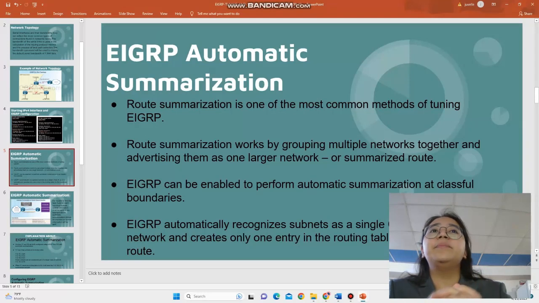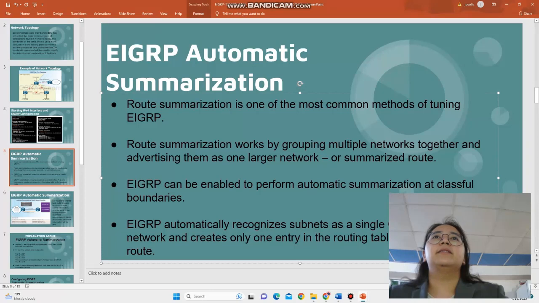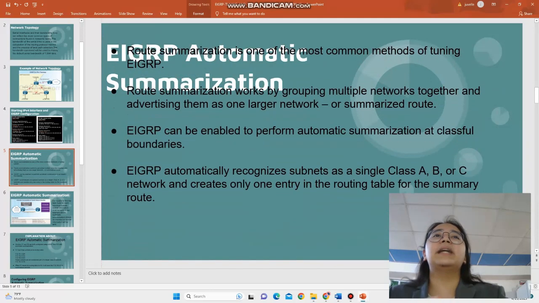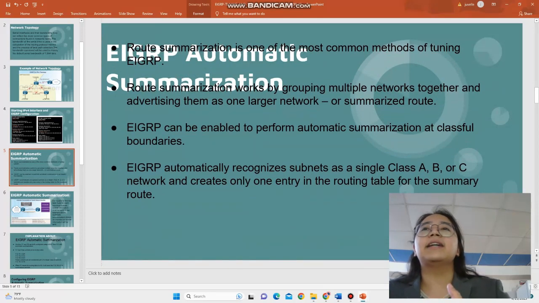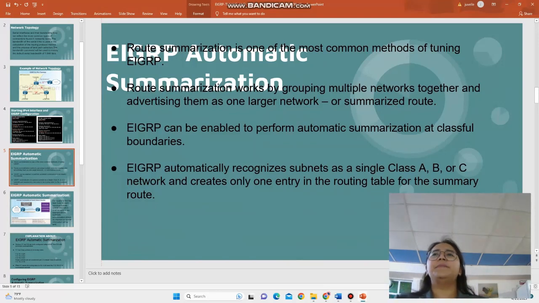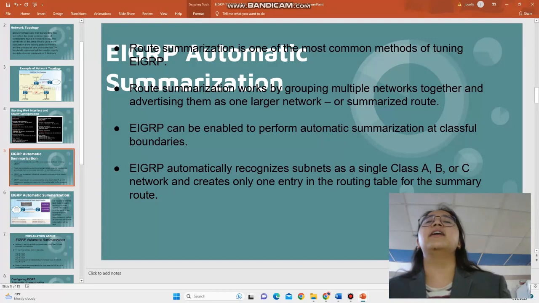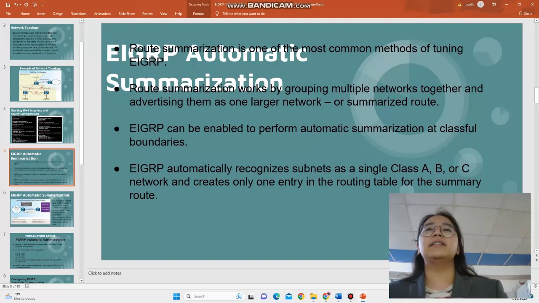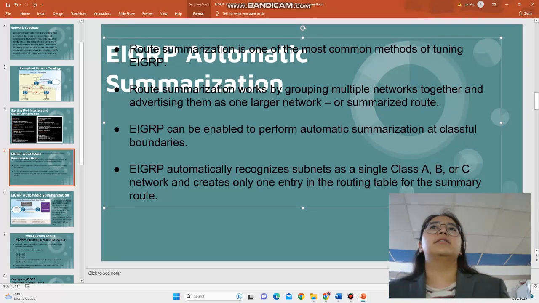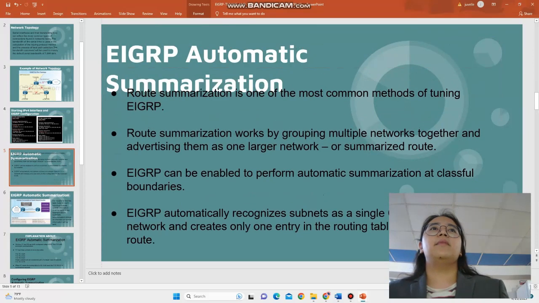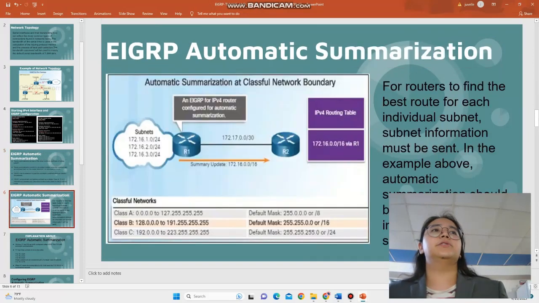EIGRP can be enabled to perform automatic summarization at classful boundaries. EIGRP automatically recognizes a subnet as a single class A, B, or C network and creates only one entry in the routing table for the summary route. So, this is the summarization.